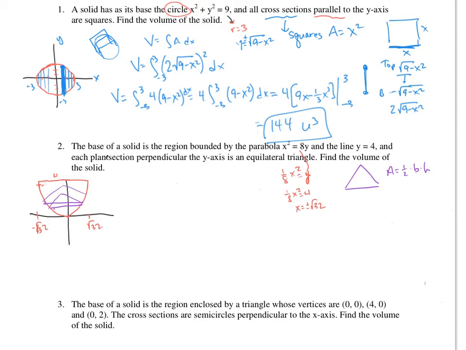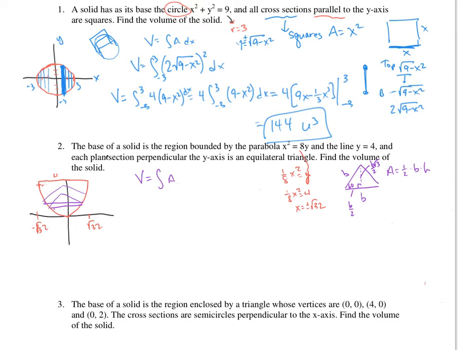Since this is equilateral, this is my base B, this is a side length B as well. So this piece right here will be B over 2. This will be a 60-degree angle. So that means the height is B over 2 times the square root of 3, using the principle from 60, 30, 90 triangles.